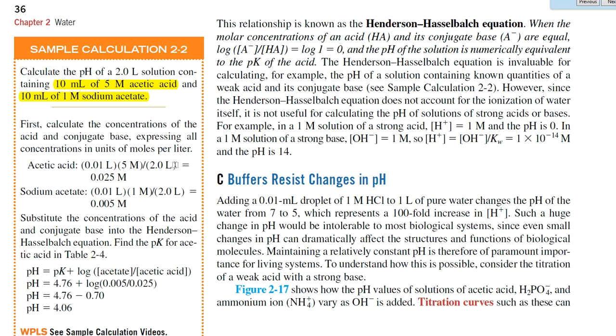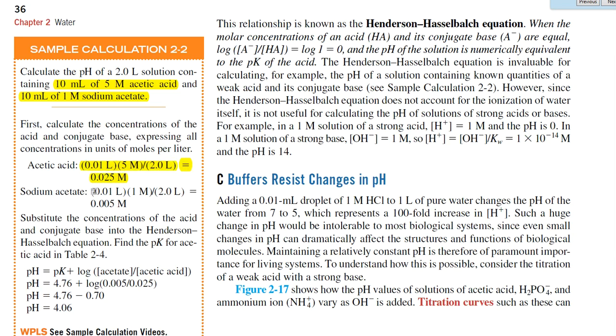So how much of the 2 liter is this 10 ml of 5 molar? Similarly, for 10 ml we have written 0.01 liter into 5 molar divided by 2 liter. So in 2 liter, the acetic acid concentration is 0.025.